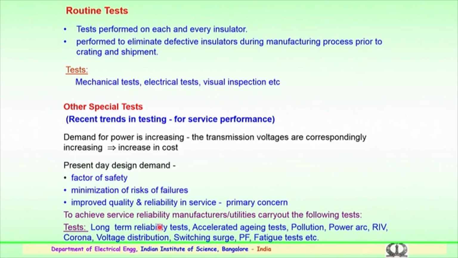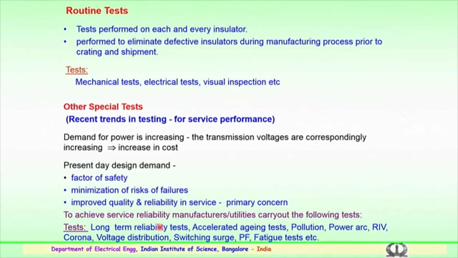What are the routine tests which each and every unit of the insulators is supposed to undergo? It could be glass, ceramic or the polymer type. There are a few tests which are different for polymer. The tests involve mechanical, electrical and also visual inspection, which are defined.